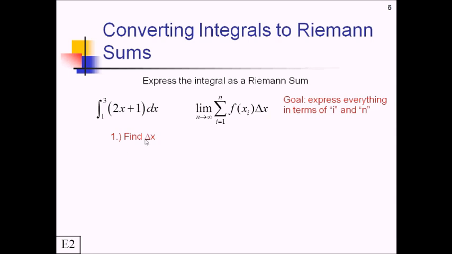So we start here. Delta x is the length of the base of the rectangles that you're breaking this up into. To find out the length of these rectangles, we need to first figure out how much overall space we have to work with, which is going to be your interval length from your lower limit of integration to your upper limit of integration. And then we just need to divide that by the number of rectangles. How many rectangles do we have here?